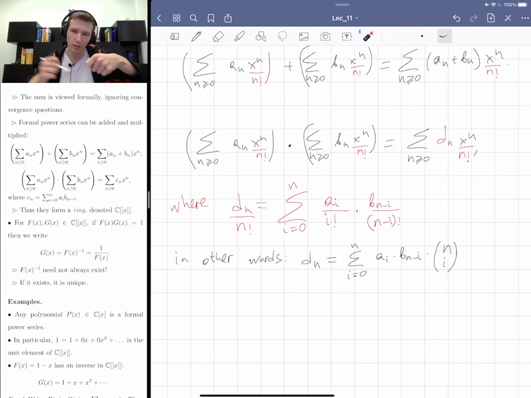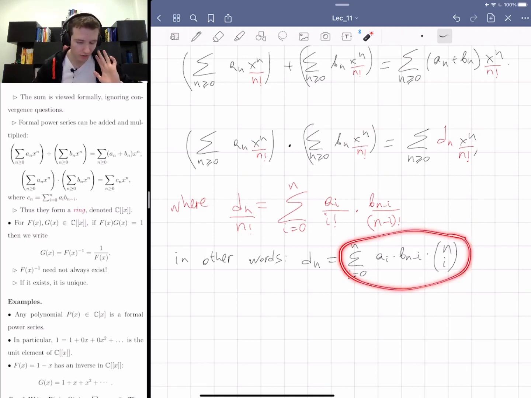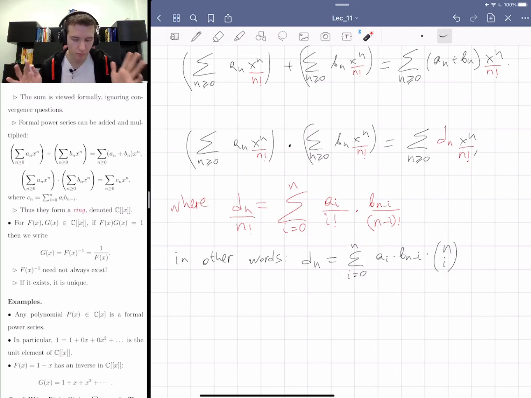To get x to the n, you have to take x to the i and x to the n minus i from the two. So far I've only been using very elementary algebra, nothing fancy going on.